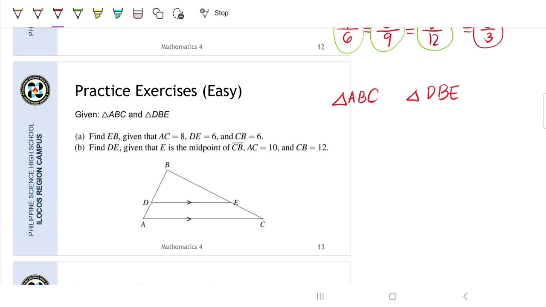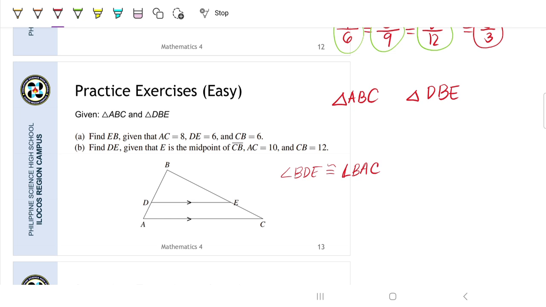Since in the figure DE is parallel to AC, then we can say that angle BDE is congruent to angle BAC. They are both consecutive angles, and since we have here two parallel lines crossed by a transversal line, then consecutive angles should be congruent.